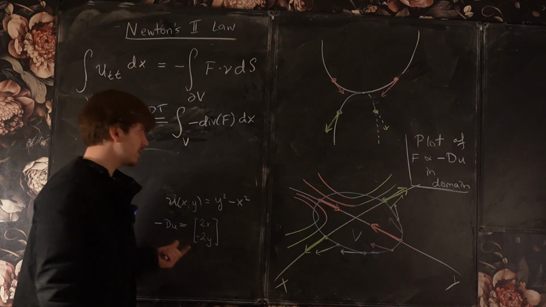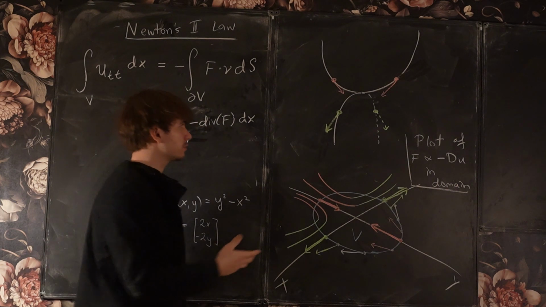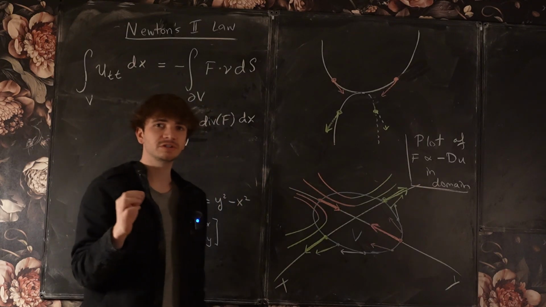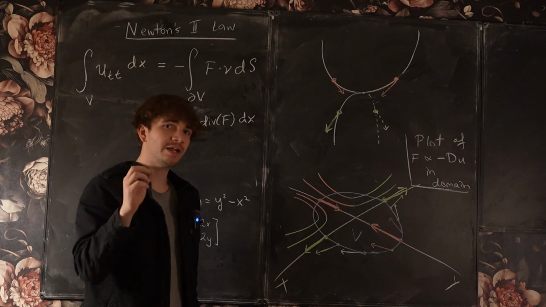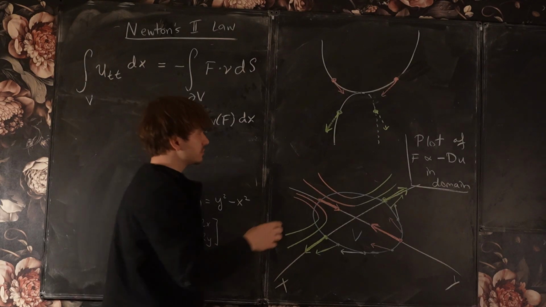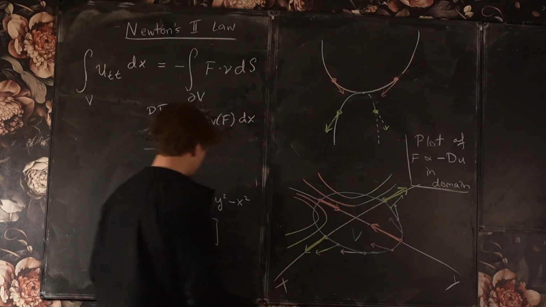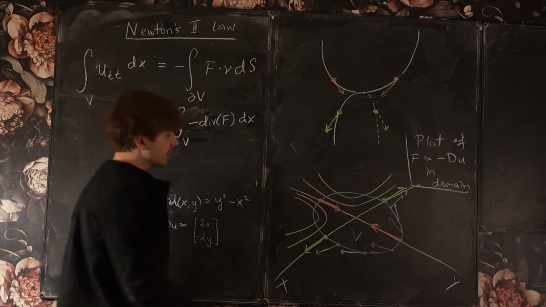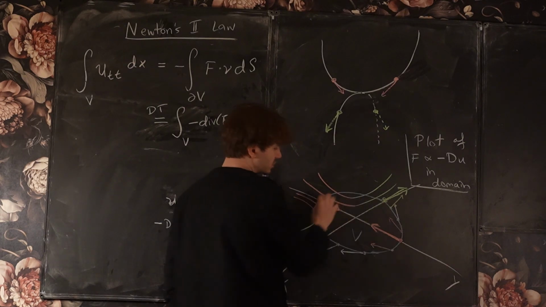So the negative gradient will be pointed to the direction of steepest descent. So in particular, the contact force at that area is proportional to the direction of greatest descent of the surface, okay? And we can see that this vector field, negative gradient of u, is actually going to rotate as we move around this circle, which is the boundary of V.